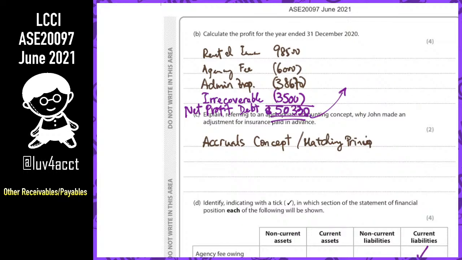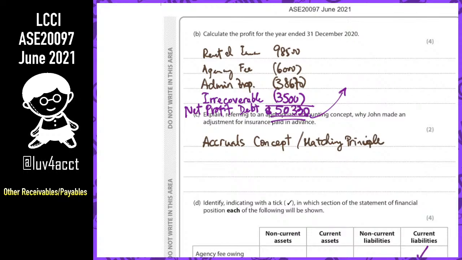Usually when they say accounting concept, I will give concept, not principle. But this accounting concept comes from the matching principle. These two are usually interchangeable. Both accepted.